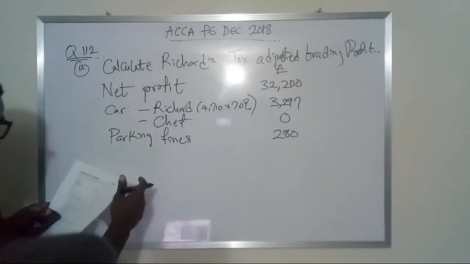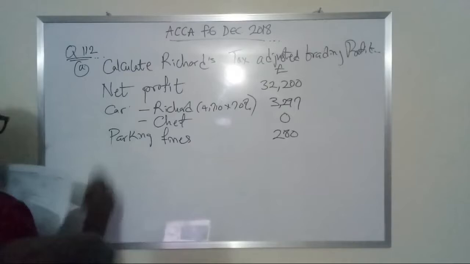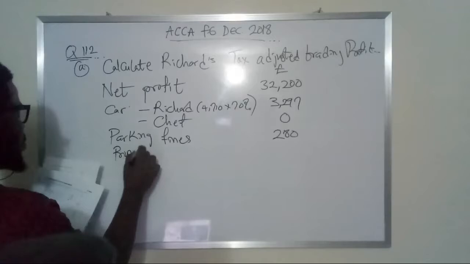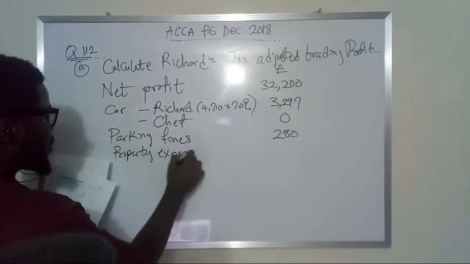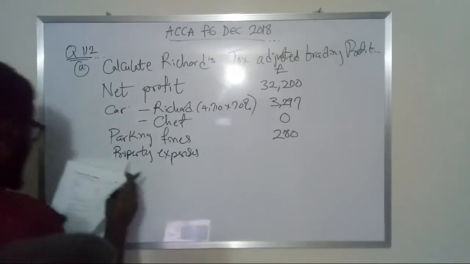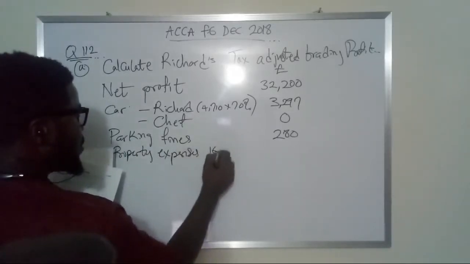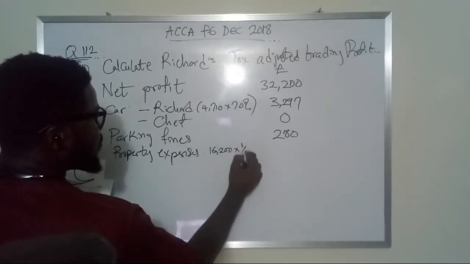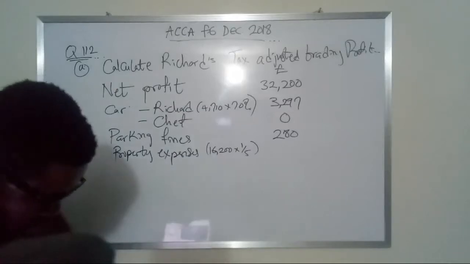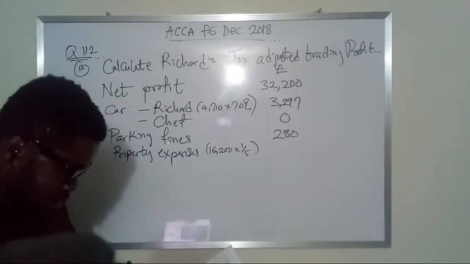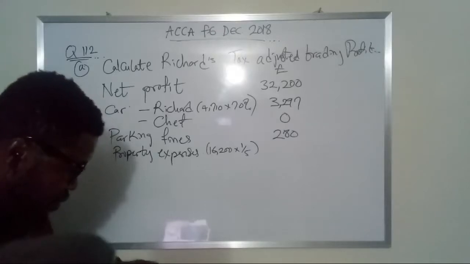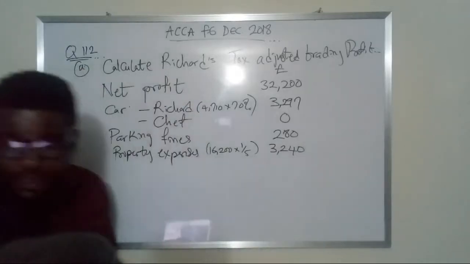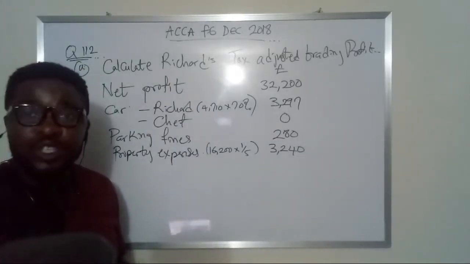That would be property expenses, 16,200 divided by 5, and that is 3,240.